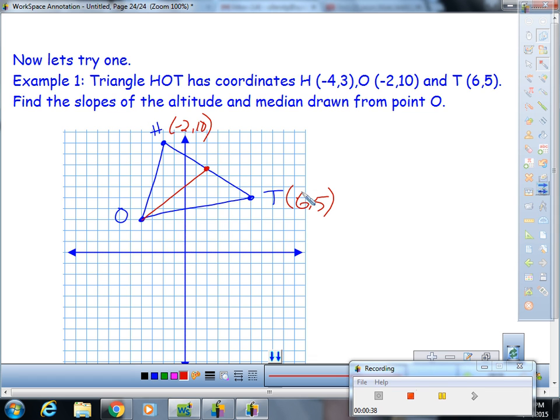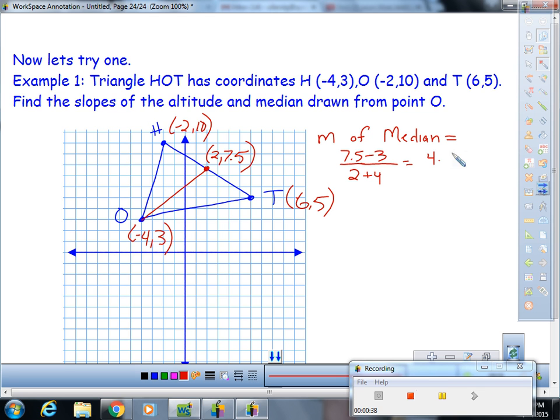6 plus negative 2 is 4. 4 divided by 2 is 2. 5 plus 10 is 15, and that makes more sense. Okay, so that is the midpoint. O is negative 4, 3. So, to find the slope of the median, it'll be 7.5 minus 3 over 2 minus a negative 4, which is 2 plus 4.